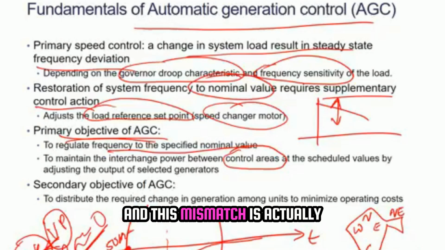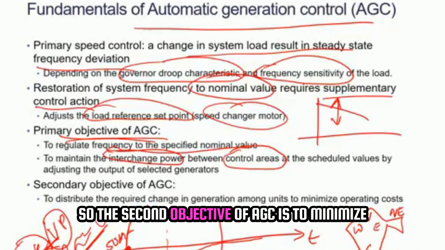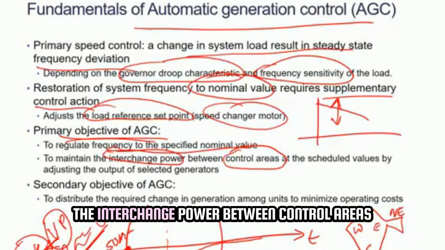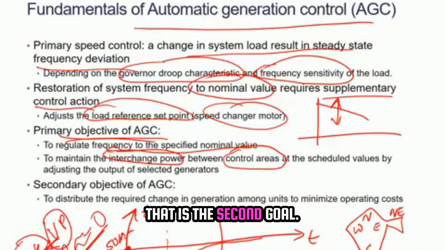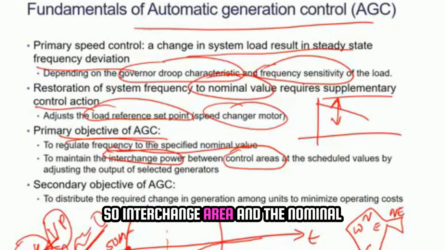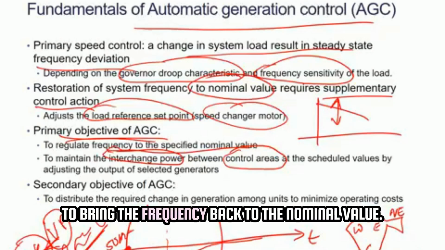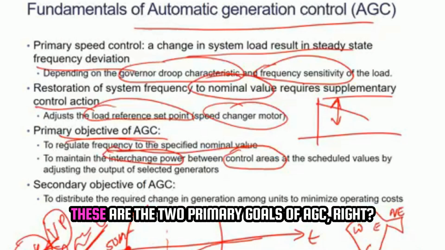This mismatch is known as interchange power. So the second objective of AGC is to minimize the interchange power between control areas and set that value to the scheduled values. The first is to bring the frequency back to the nominal value. These are the 2 primary goals of AGC.